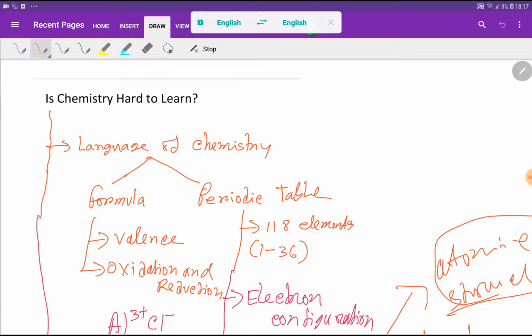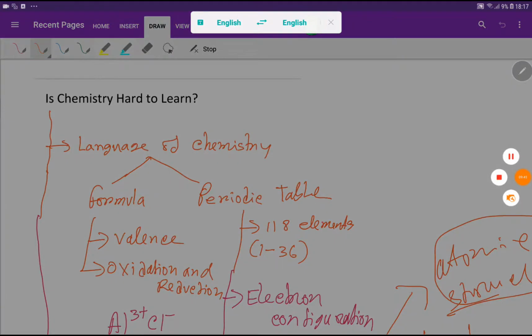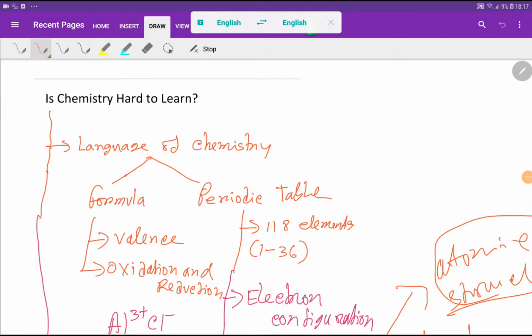So I will highly request you to learn the oxidation reduction reaction, then the periodic table, then electronic configuration, learn clearly, right?